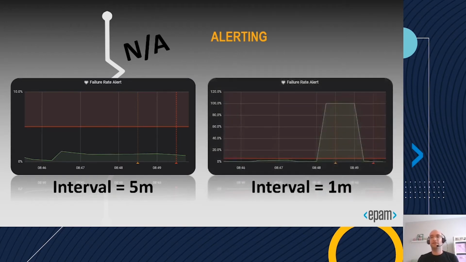What you can see on the right is the same time period again with an interval of 1 minute. In this situation, the database just dropped out, and because of this, the service's response rate also increased. And because of the differences between these faster responses versus the slower response rate, this failure rate was not showing these spikes if you have longer intervals.